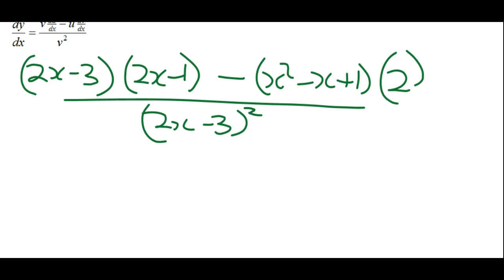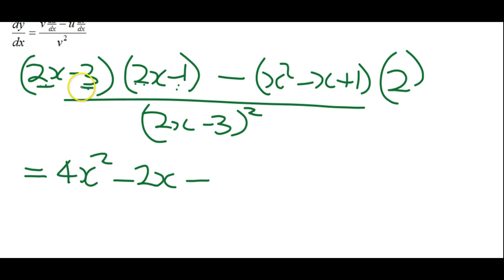So you can simplify this by expanding. 4x squared, then this times that, negative 6x, minus this, we did this and this, which is 4x squared, then this and that rather. So 2x minus this will give us negative 2x here.